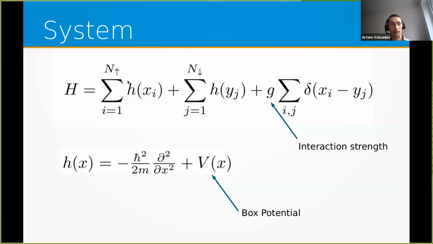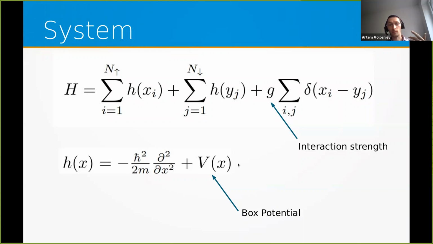For the sake of discussion, I don't say that I have only one impurity. I might have a few, because the discussion in this section is general. Then majority and minority interact with some parameter, say g. That's a zero-range interaction, which is well defined here. The one-body Hamiltonian just has, as standard, a kinetic energy part and a potential, which, as I said, is a box potential.